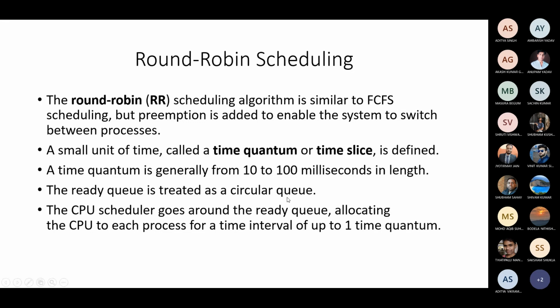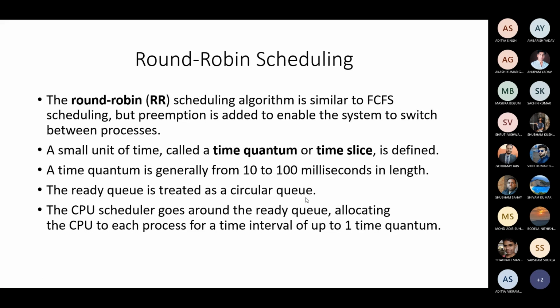But the more appropriate word is queue, because it's the ready queue. Jobs are placed one after another, so we call them a queue. The more appropriate word is circular queue, and when it comes to implementation, you will use a circular linked list. Okay, is this clear?